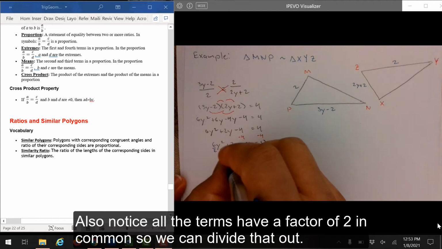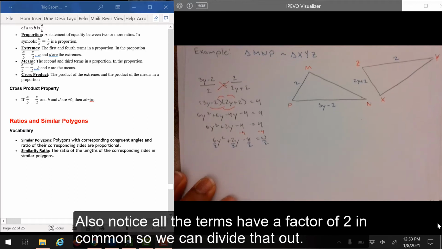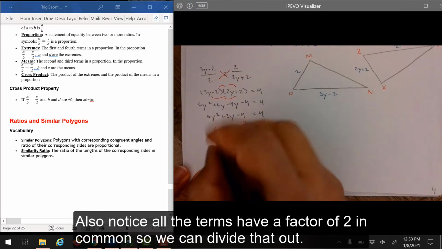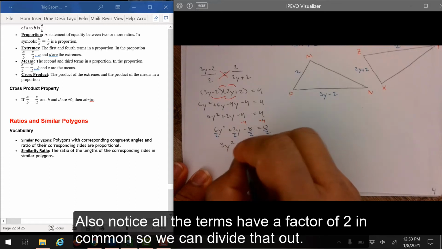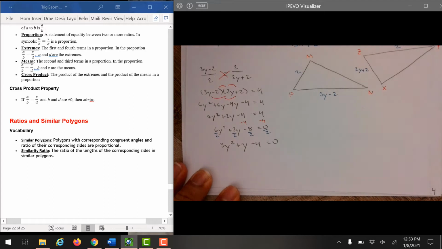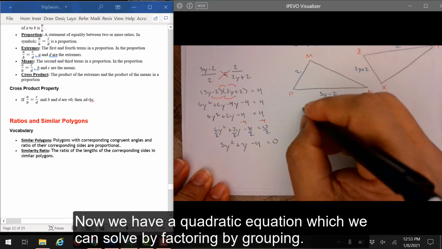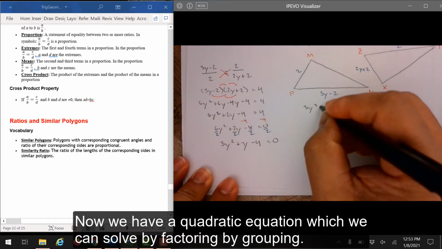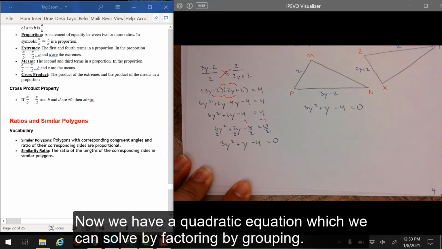Also notice all the terms have a factor of 2 in common, so we can divide that out. Now we have a quadratic equation, which we can solve by factoring by grouping.